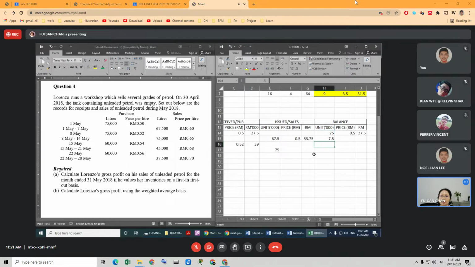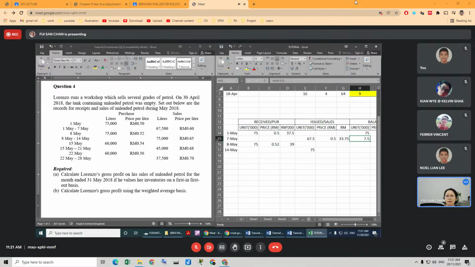This one is also 50 cents, so we can copy the formula. So left this much, the value, correct? Left 7.5, left 7,500 liter, right? Correct. Then on the 8th, we purchase some more, right? We continue to purchase.